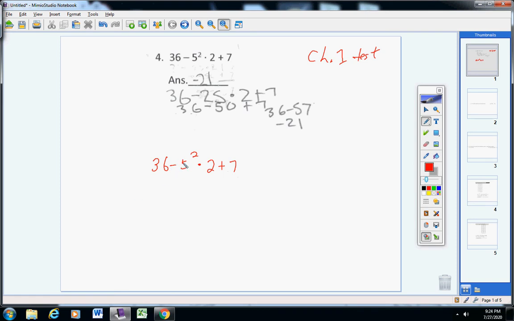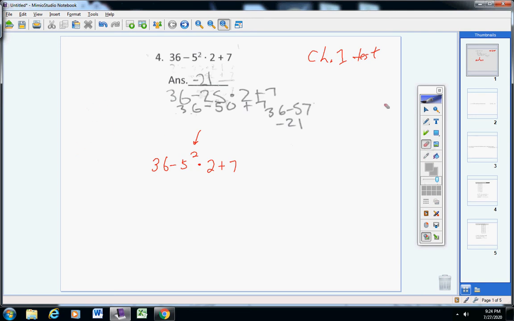Now, first of all, you know we do our powers first. Okay? So, we're going to square this 5. Now remember, Lauren, if it was -5 inside the parentheses, then that means you write the -5 twice, and you multiply, and you get a positive 25.